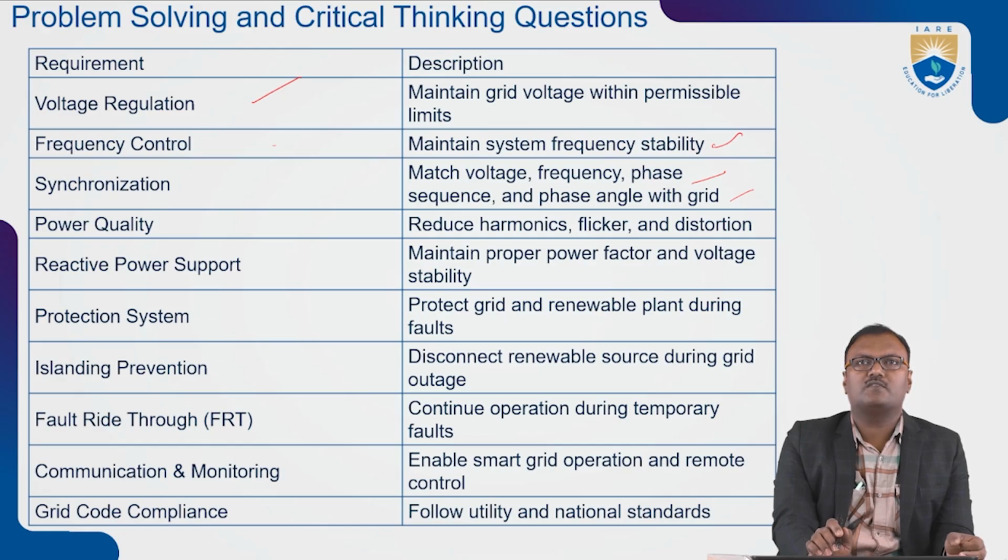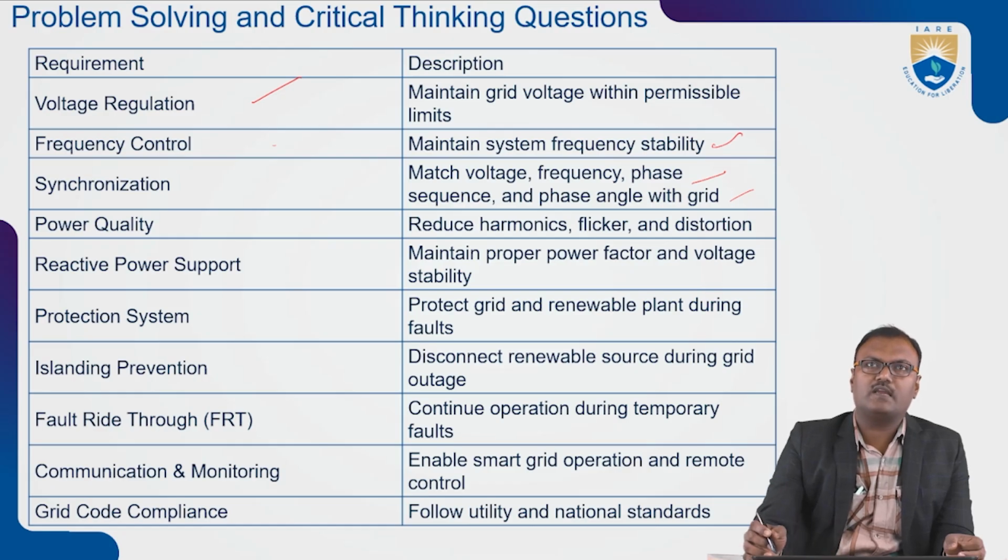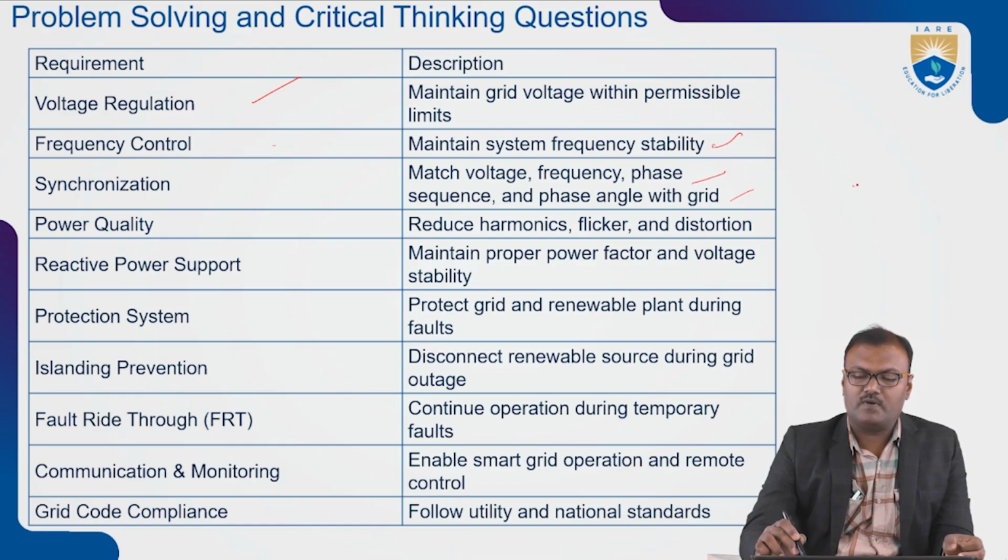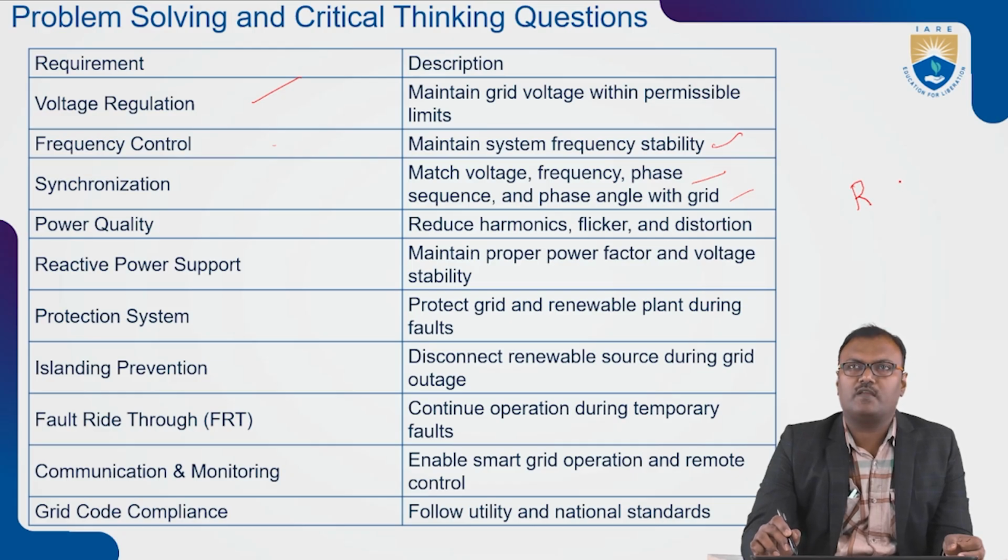The order in which the positive peak occurs is defined as phase sequence, and it has two types: positive phase sequence and negative phase sequence. In positive phase sequence, the positive maximum is obtained for phase R, the next positive peak is obtained by phase Y, and then phase B. Then it is said to be phase sequence RYB.